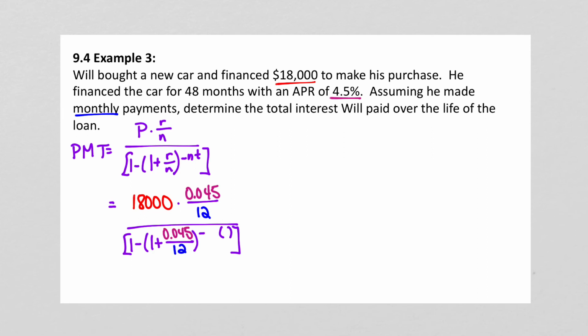And it says for 48 months, though that's 4 years, but what we can actually do here is 12 times 4 is 48. So 48 months is actually what goes in the T spot. And we get that the payment would be $410.46 each month.